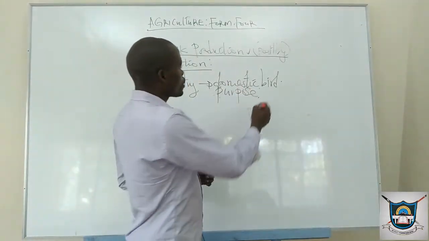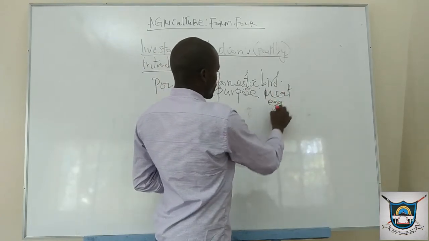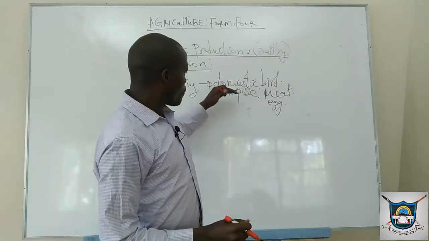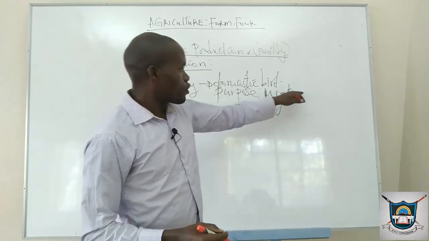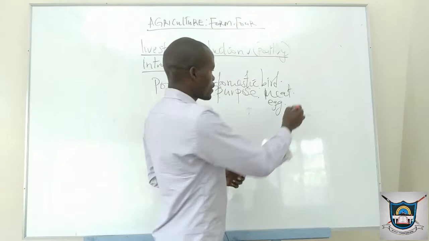One is the provision of meat and also eggs. The domestic birds kept for the production of meat are called broilers, and the ones kept for the production of eggs are called layers.